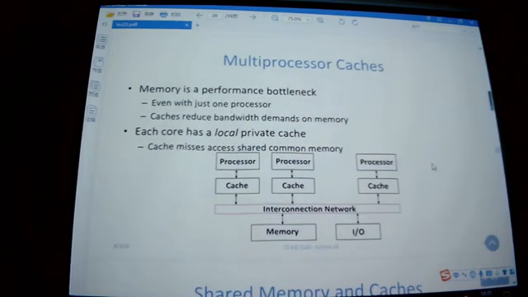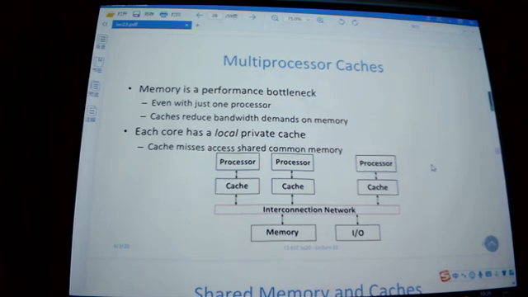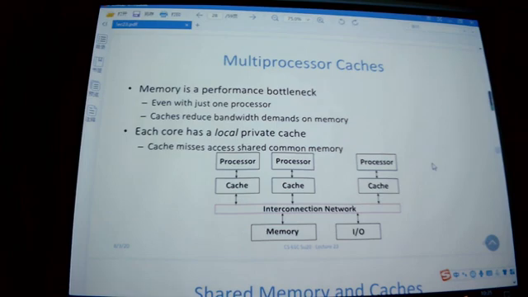In a multiprocessor, memory is a performance bottleneck. The speed of memory is a bottleneck in several conditions. We find in several laptops and computers, the speed of memory is the general bottleneck.